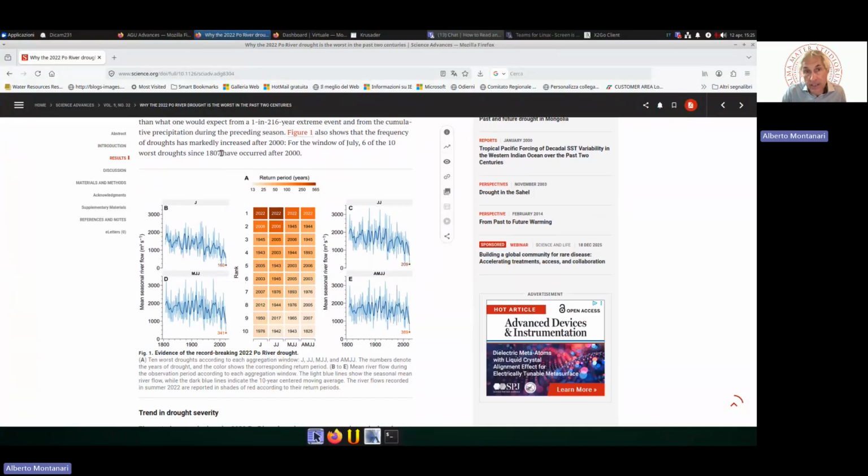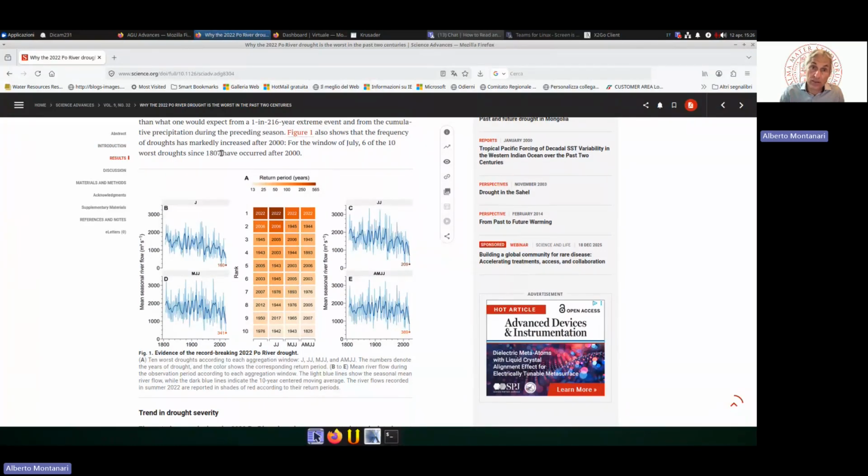And in each of these columns, we report the most severe years in terms of flow scarcity. So let's look at the first column. The most severe was 2022, meaning that it was the year in the whole record with the lowest flow.